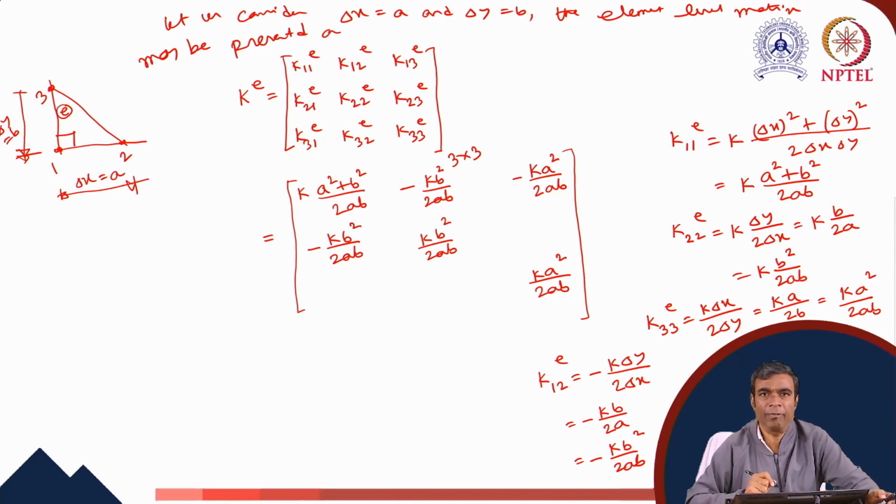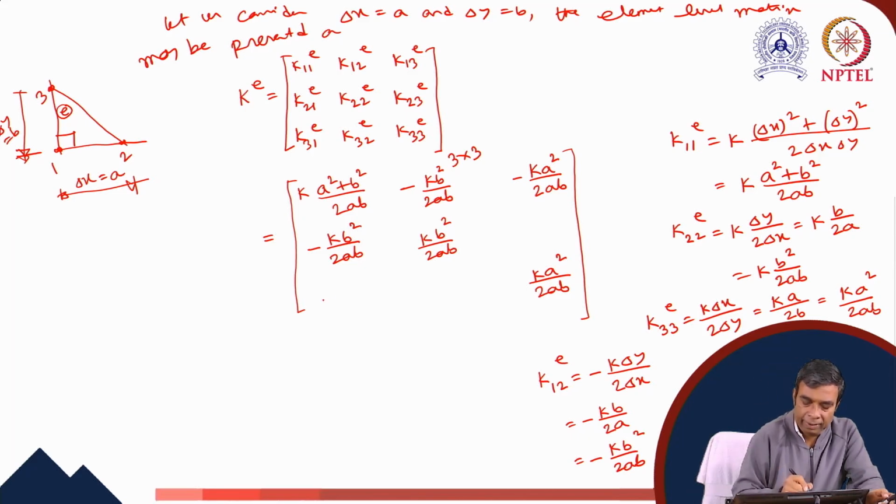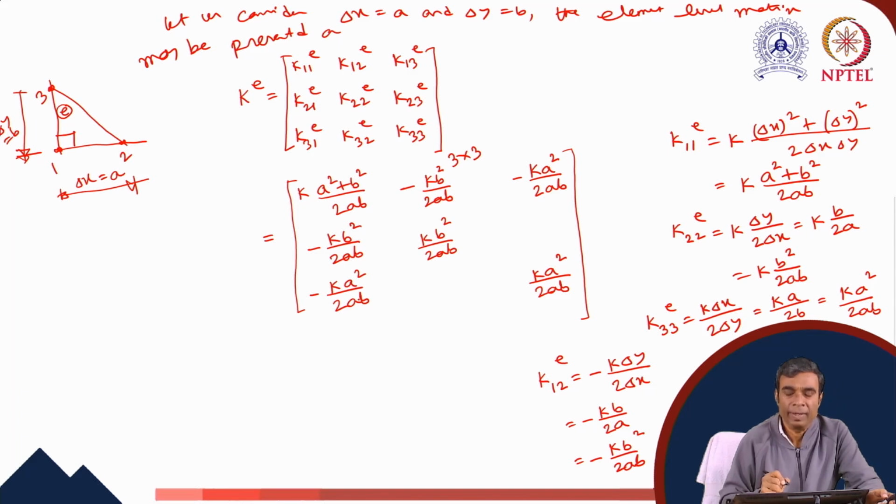So easily we can fill the remaining terms. In the third row we have minus k a square by 2ab as the k31e term, and the second term will be 0 for the third row, and the third term in the second row will also be 0.